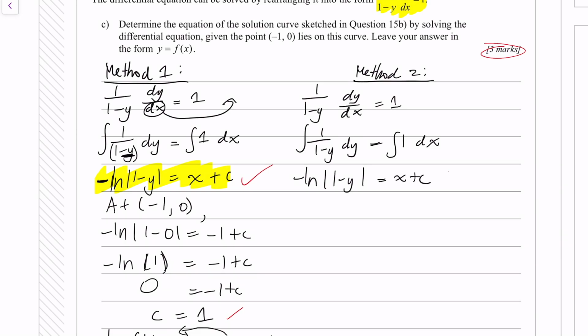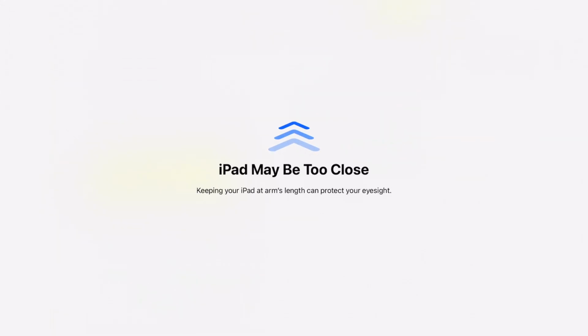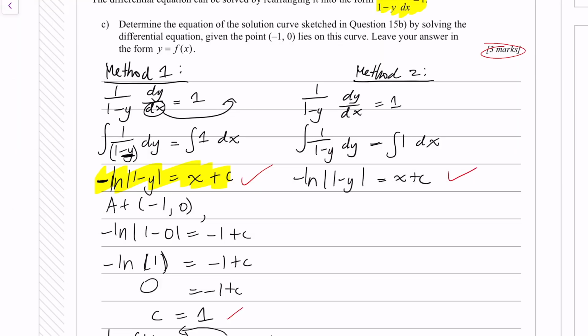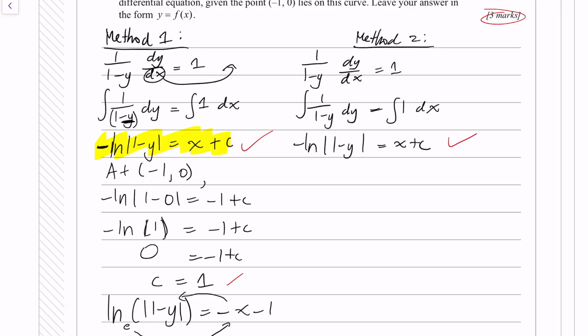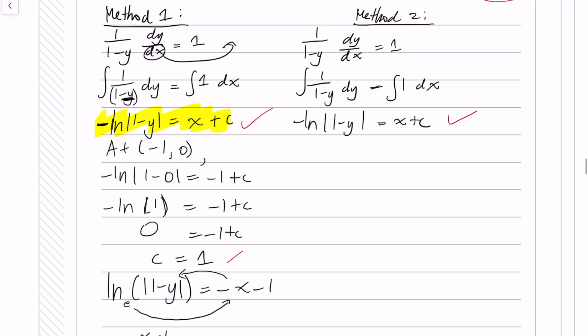Okay, so notice that mark is still the same, so you have to do that either way, finding the general solution of the equation. And then what I can also do now is I can go straight to my logarithmic form and say, well, my 1 minus y is equal to e to the, again, I'm taking this negative away on both sides, so I need to negate both sides.